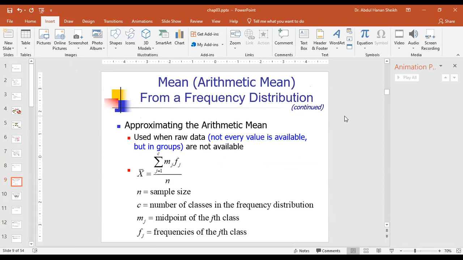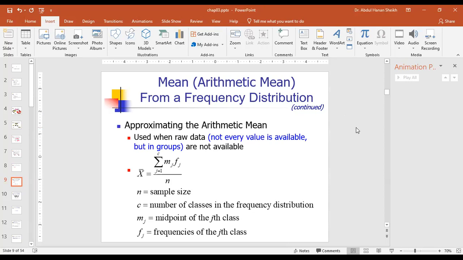Another type of data is when data is given in the group format, or grouped data. Only the frequencies are given, but not every literal value.